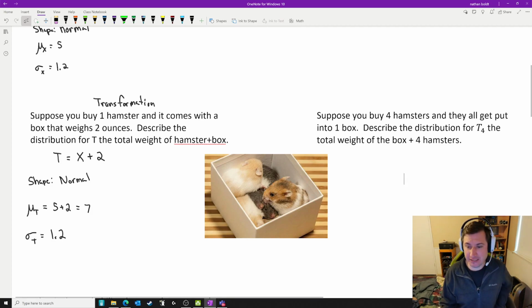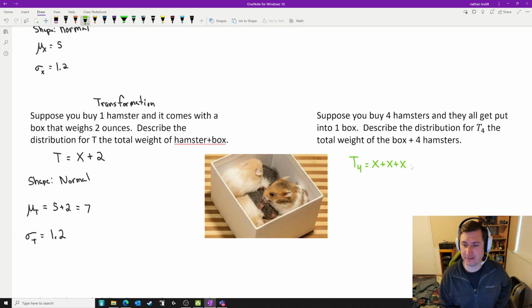All right, so T4 is going to equal, well, we have 4 hamsters. That's 4 x's. x plus x plus x plus x. Here are my 4 hamsters. But then they also have one box, plus 2.